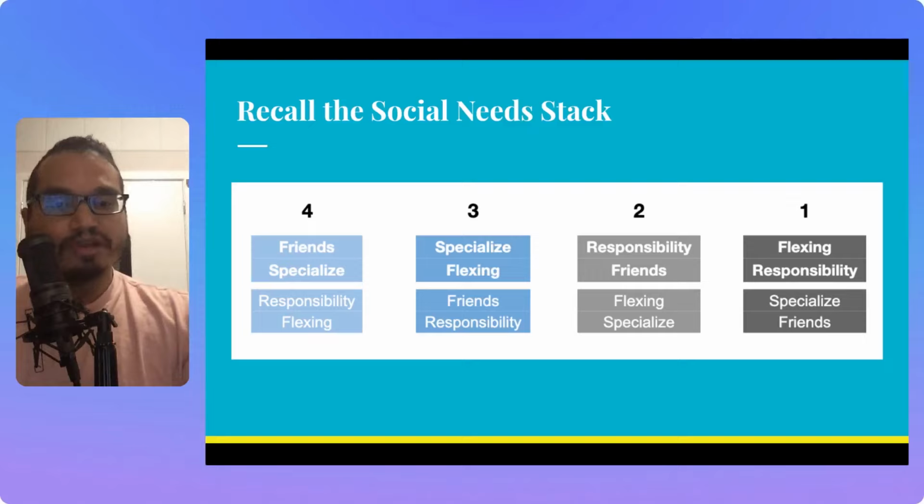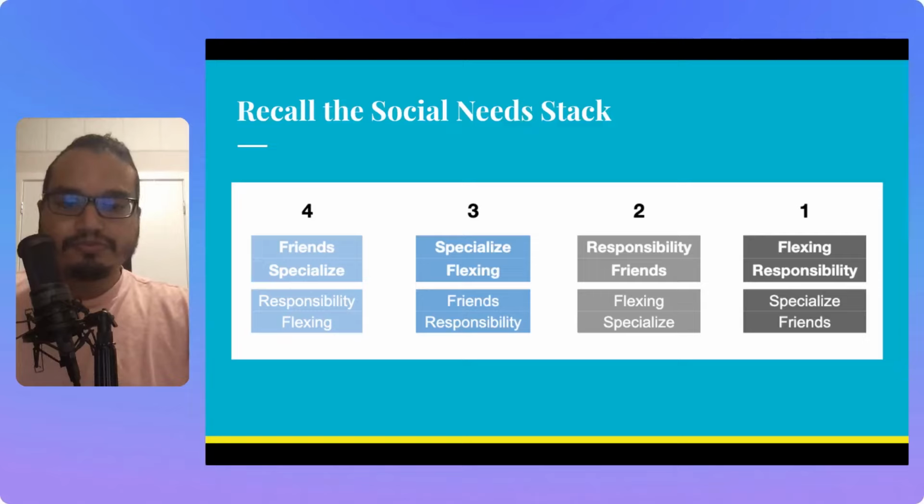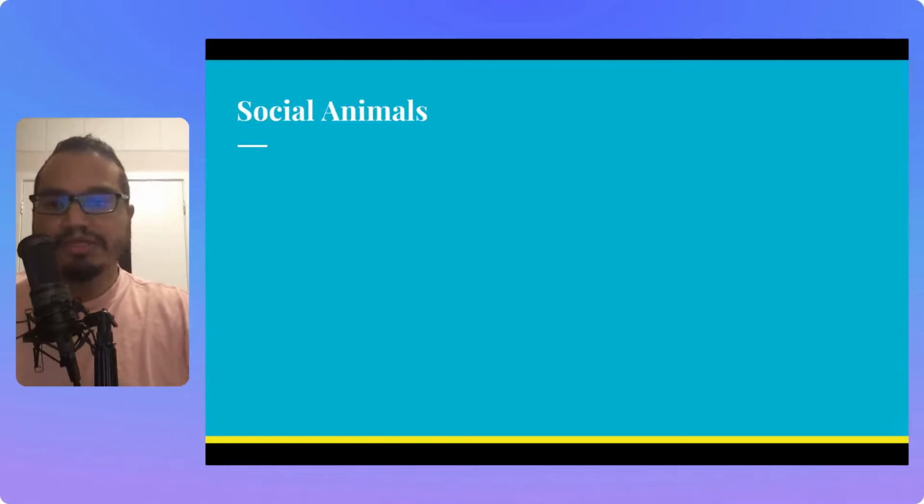And with the number 1s, you got flex, responsibility, and specialize in the top 3. Whichever social function you have first is going to have a huge impact because it trickles down. The thing you have first is really going to matter a lot. That's going to be your primary lens of focus. Just keep that in mind. You probably already know this stuff.